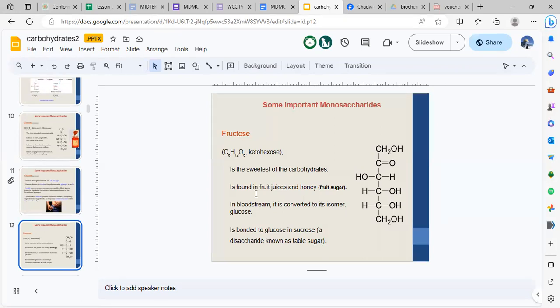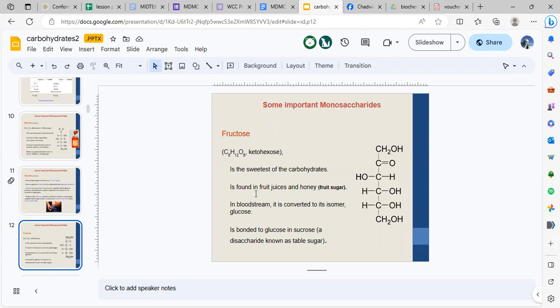In our bloodstream, we have an enzyme that converts glucose into fructose, or vice versa, fructose to glucose. Inside our cell, when we convert glucose, eventually we utilize it for energy.